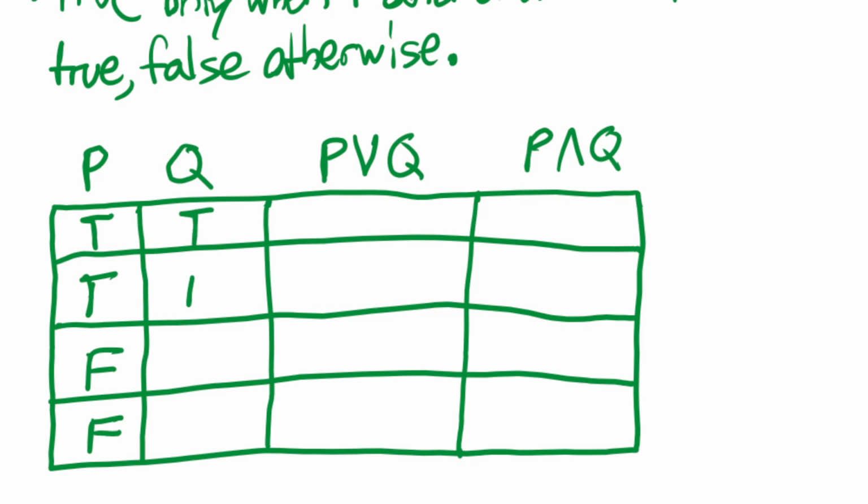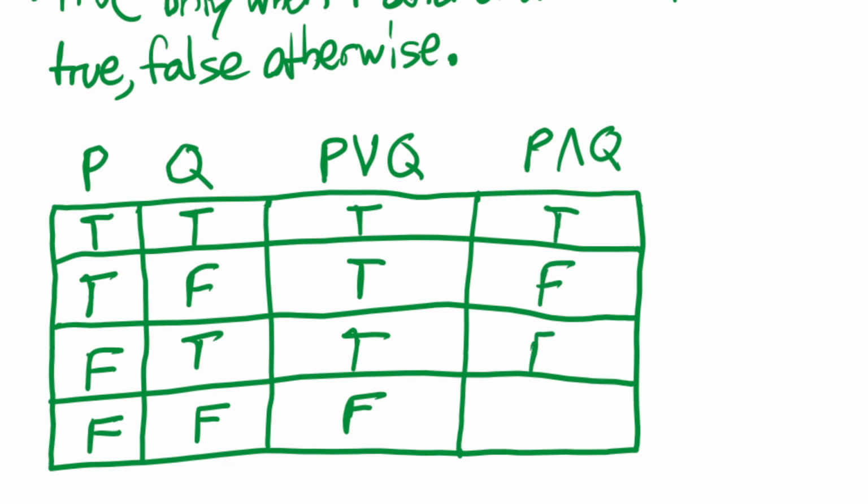So we'll put in the same truth values. And now we have the disjunction of P or Q. So when P and Q are both true, that's true. When P is true, Q is false, that's true. When P is false and Q is true, that's true. But it's false when both are false. And for the conjunction of P or Q, it's only true when both P or Q are true.